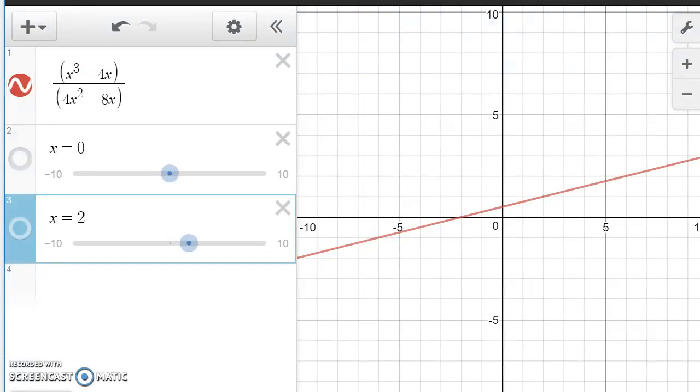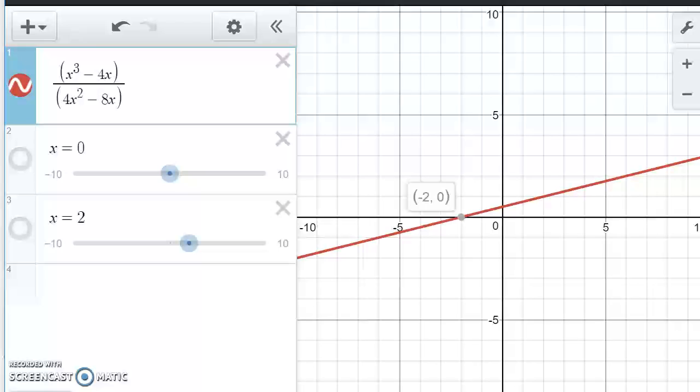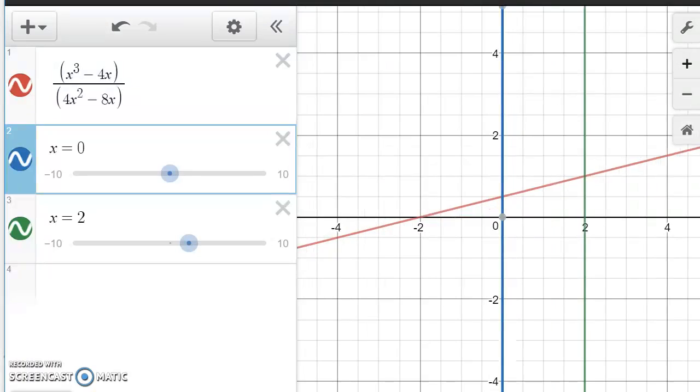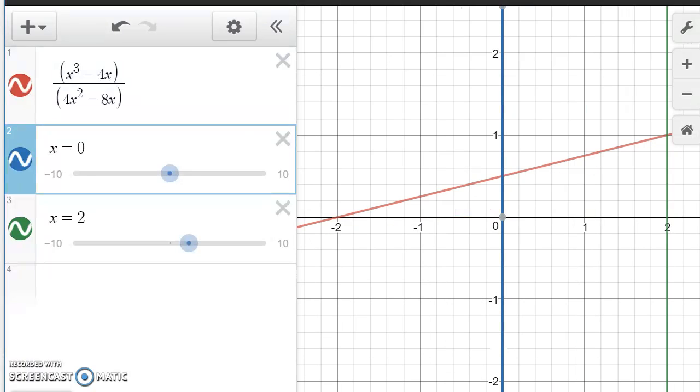It appears to cross the x-axis at -2, exactly what we said. But I wanted to draw your attention to our 2 holes, which we said were at x equals 0 and x equals 2. Just like before, notice no points come up at that intersection.